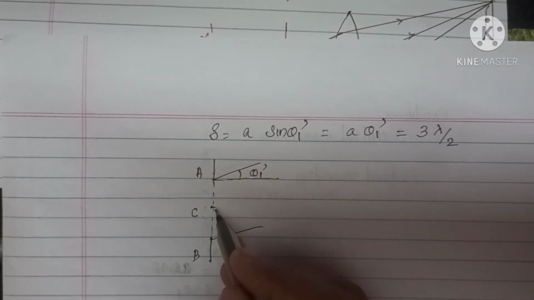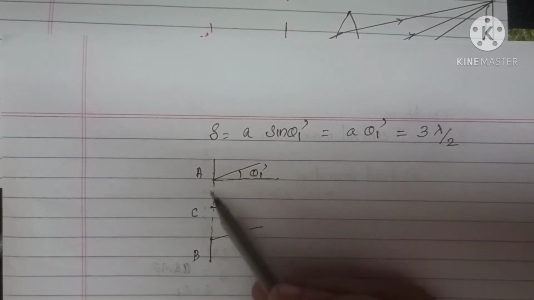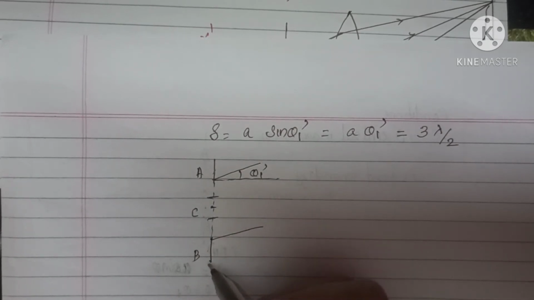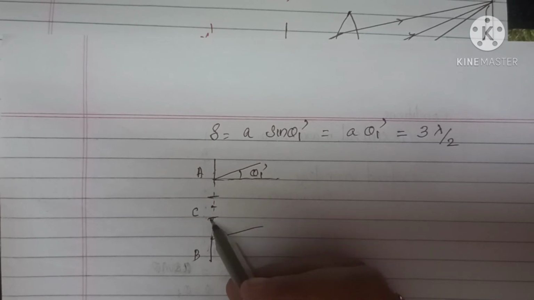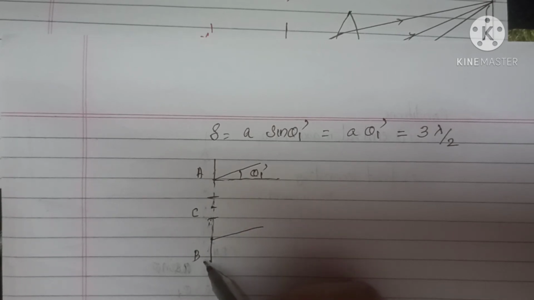Now it is explained that this slit can be assumed to be divided into 3 equal parts. That is AC, and here you can give a name to the other points. Okay, this part and again this part, 3 equal parts.